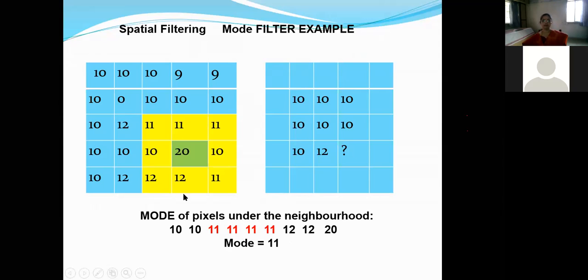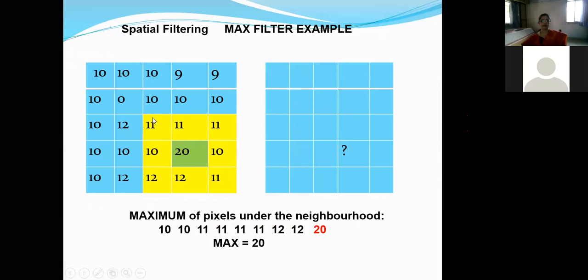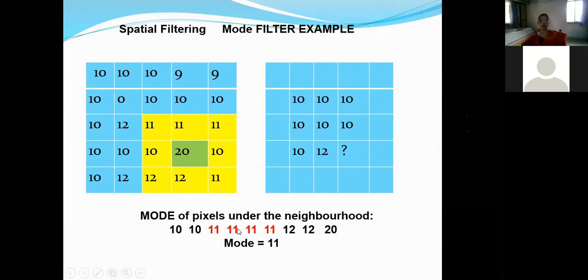Okay, so for this 3 by 3 neighborhood, we replace this pixel with value 20 by its mode value, that is 11, the mode value of the neighborhood. Okay, so this is the meaning of mode. So here by mode filtering, we are actually replacing the pixel under consideration by the mode value of the neighborhood.